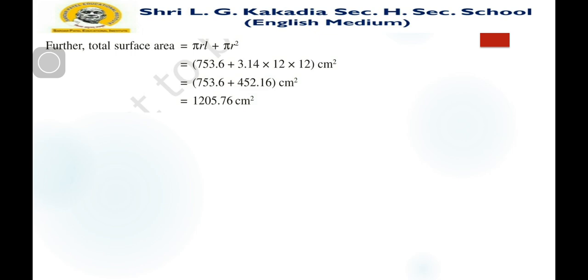Now putting the values, pi r l we have found as 753.6, plus 3.14 into r square, that is 12 into 12 centimeter square. And in the end we get the solution, 1205.76 centimeter square, which is the total surface area of a right circular cone.